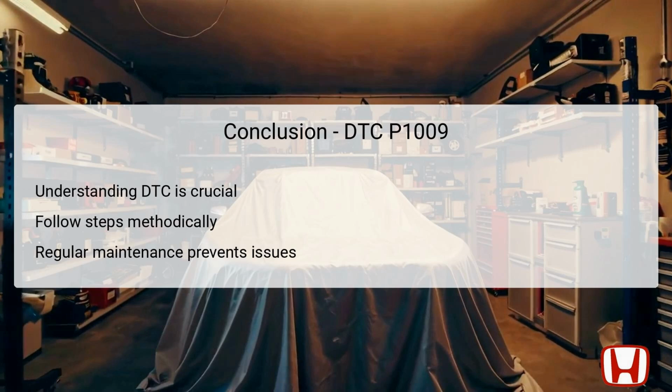Each step builds on the previous one, ensuring that the repair process is thorough and effective. Furthermore, conducting regular maintenance is vital in preventing occurrences of this DTC in the future. By implementing proactive measures, you can enhance the longevity and performance of your Honda Civic, ensuring a smoother, more efficient driving experience.